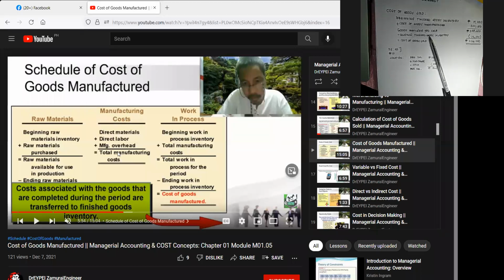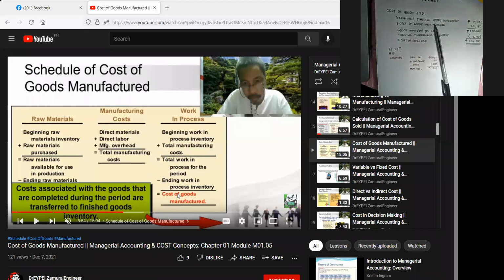Where do we need the total manufacturing cost? Here, we need it to be added to the beginning work in process inventory. Then we will have the total work in process, then ending work in process, then we have the goods. So there are a lot of things going on inside the computation of cost of goods manufactured.